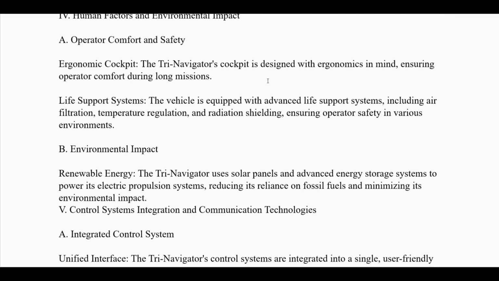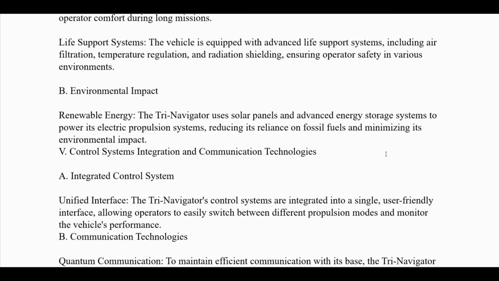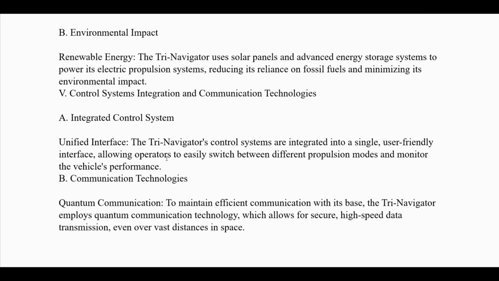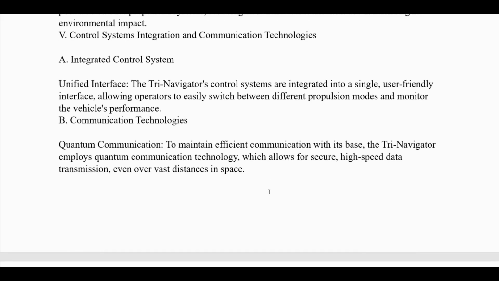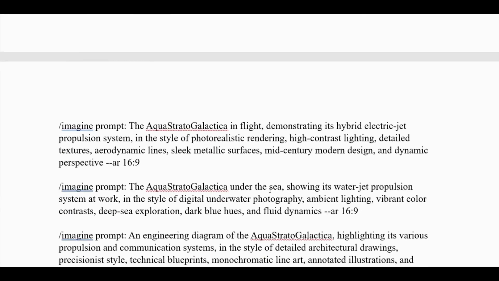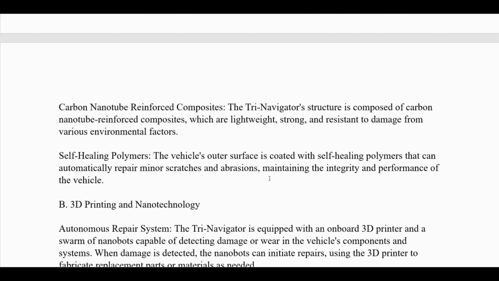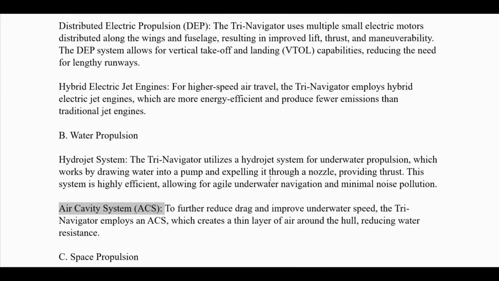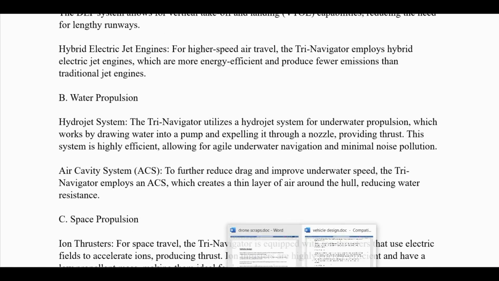Also looked at advanced ergonomics, life support systems, solar panels, advanced energy storage systems, and I guess it just said advanced energy storage and stopped at that one. This one also thought about what we will talk about later in other things: quantum communication and the need for high-speed, secure transmission. Those are the prompts and information, and I'll just show this quickly.